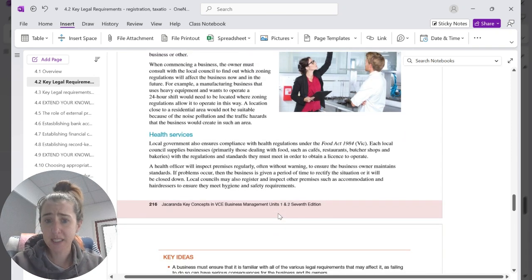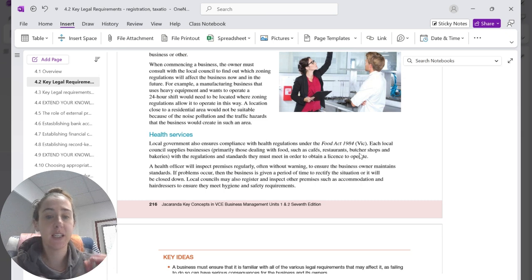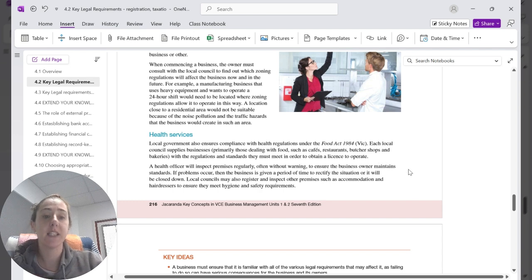The other one is health services. So especially health regulations under the Food Act of 1984. Each local council supplies businesses, especially those like cafes or restaurants, with the regulations and standards that they have to meet to obtain a license to operate. So you can't just go, I'm going to start baking out of my kitchen and selling food.